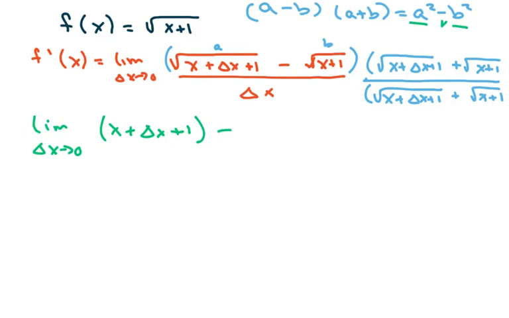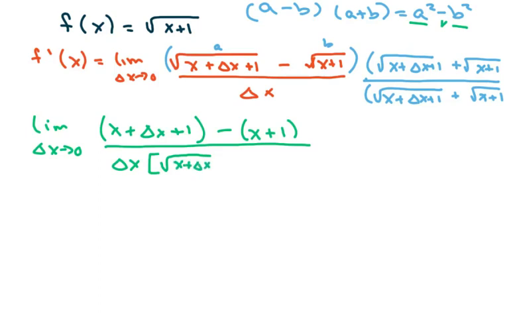And that gets rid of the radical. And we just get x plus 1. And for the denominator, you have to write all this out. This is going to be delta x times the square root of x plus delta x plus 1 plus square root of x plus 1.